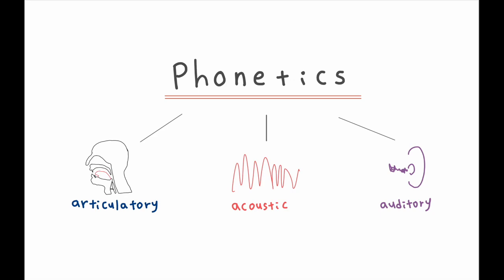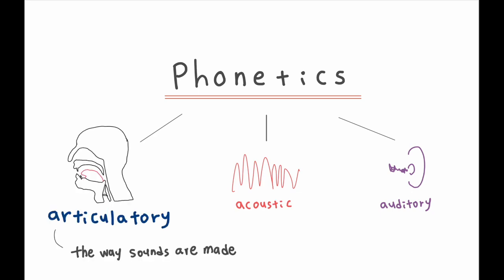First, articulatory phonetics deals with the ways in which speech sounds are made and differentiated. For instance, how we produce a sound using what kinds of articulators, such as the tongue, lips, or teeth.